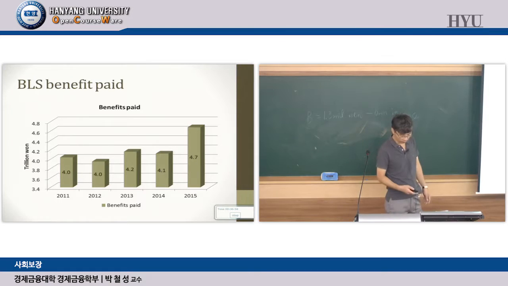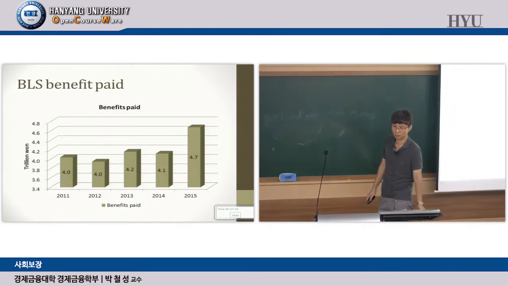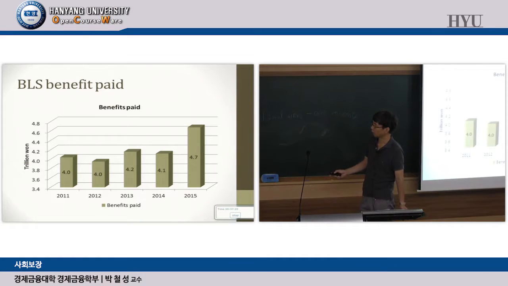Okay, so how much is paid in Korea? It's around 4 trillion won every year up to 2014. And in 2015, as I said, because the eligibility condition was relaxed, there's a big jump in the total benefits paid, 4.7 trillion won. So it's about a 0.6 trillion won increase.